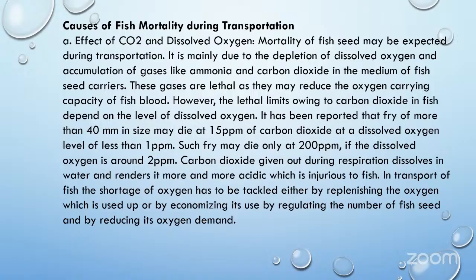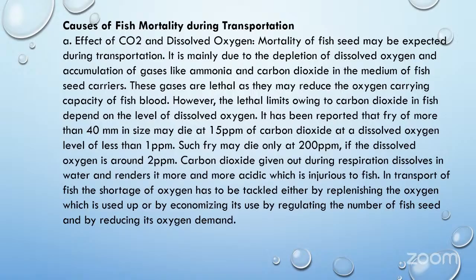However, the lethal limits owing to carbon dioxide in fish depend on the level of dissolved oxygen. It has been reported that fry of more than 40 mm in size may die at 15 ppm of carbon dioxide at a dissolved oxygen level of less than 1 ppm. Such fry may die only at 200 ppm.